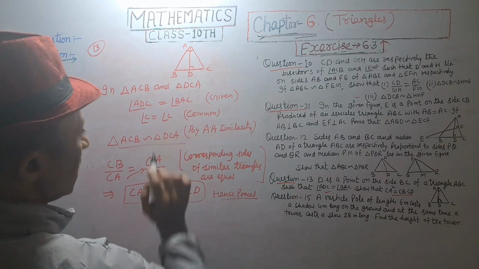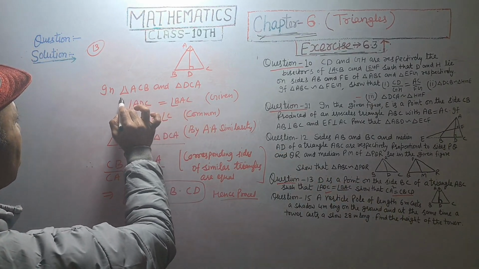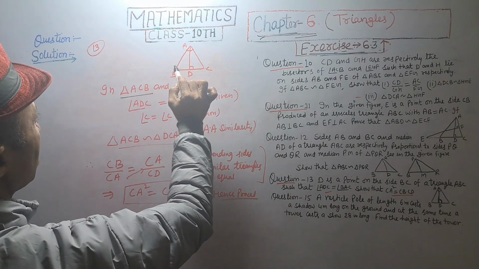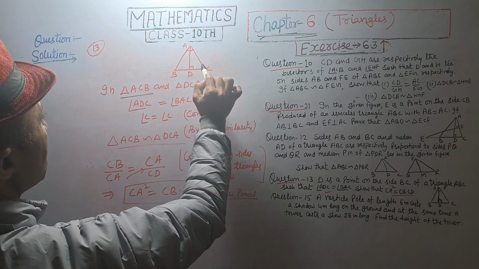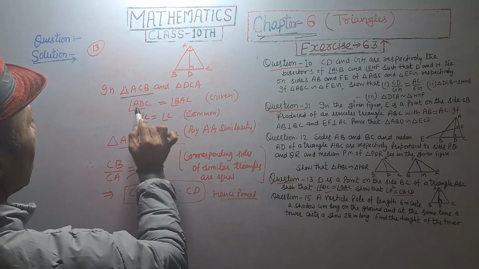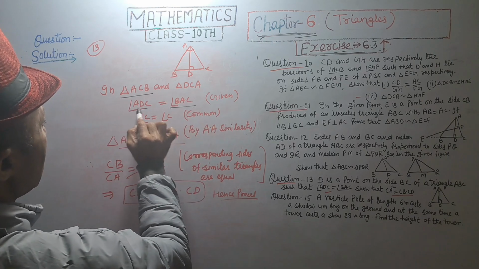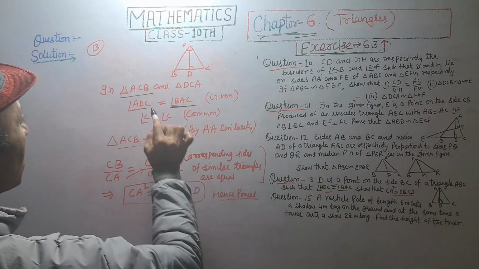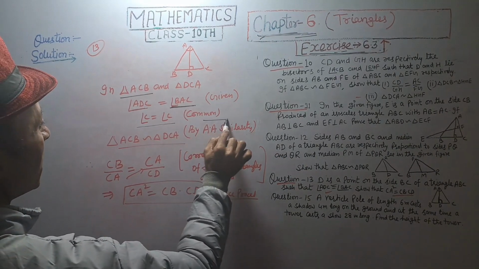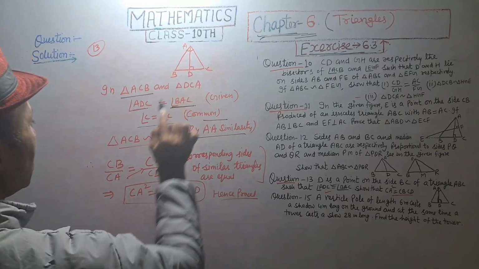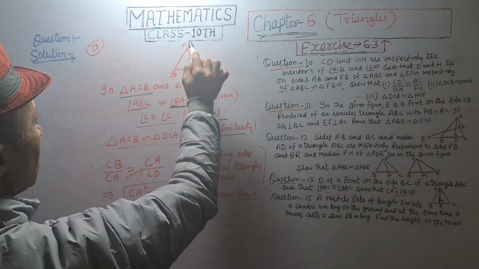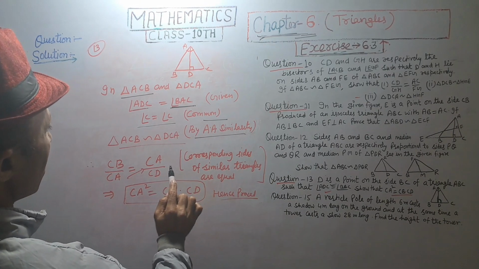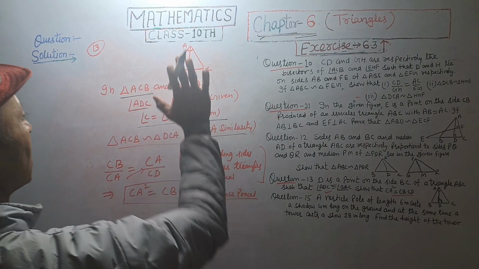In triangle ABC, triangles ACB and DCA, angle ADC equal to angle BAC, it's given, and angle C is common by angle similarity. Triangle ACB is similar to triangle DCA, and corresponding sides of similar triangles are equal.